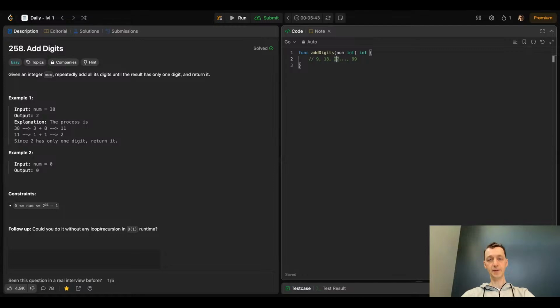So 27 still gives you 9, but 99 gives you 18, and we know that 18 gives us 9. And even if it's 999, what will that give us? That will give us 27, as we already know.